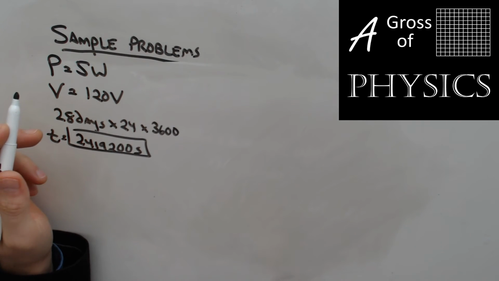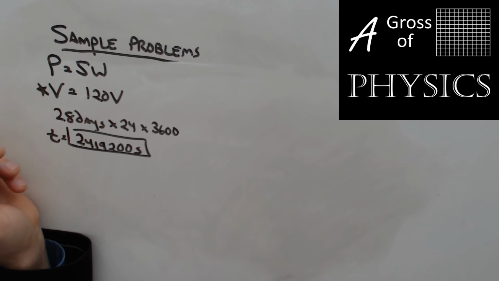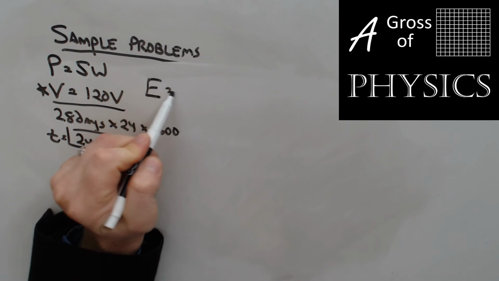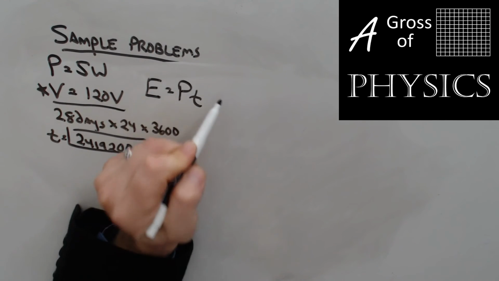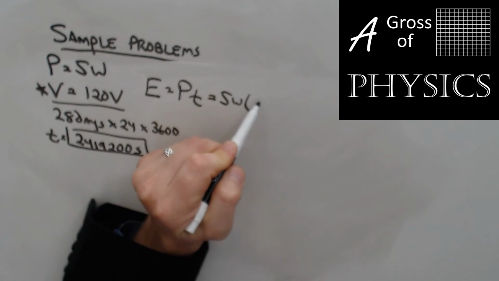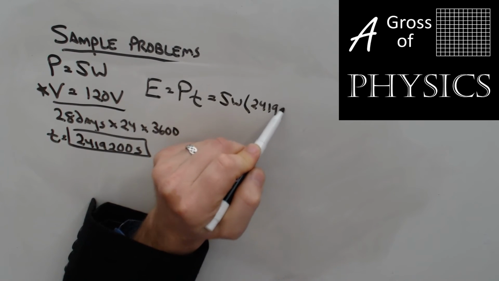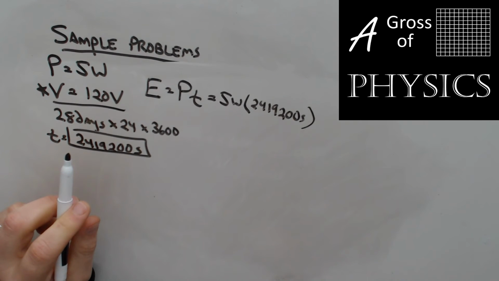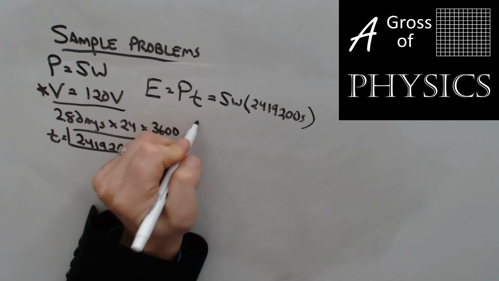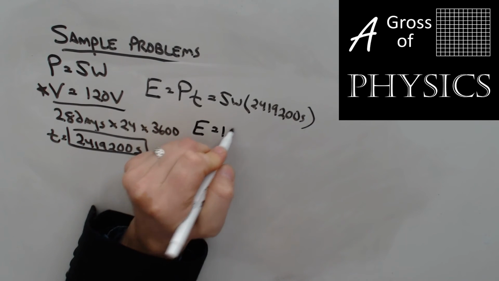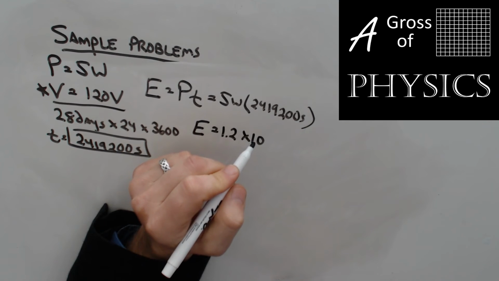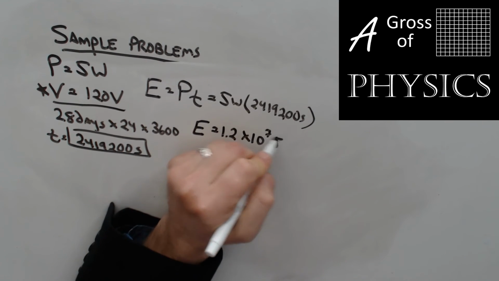And how many kilowatt hours of energy are used? So the power is the only thing that matters. This V is extra information, but E equals PT, 5 watts times 2,419,200 seconds. So the energy is 1.2 times 10 to the 7 joules in this case.